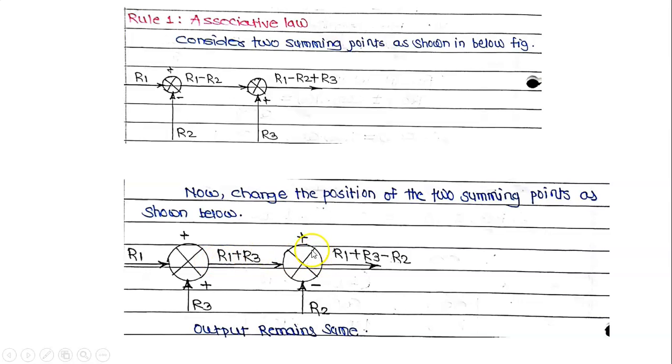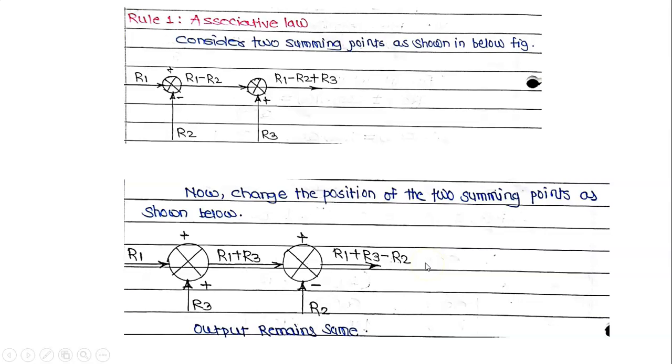It is fed to the second summing point. At the second summing point again two signals are there, that is R1 plus R3 and this minus R2. Therefore, the output from the second summing point is R1 plus R3 minus R2. By comparing these two outputs, we observe that the output remains the same.